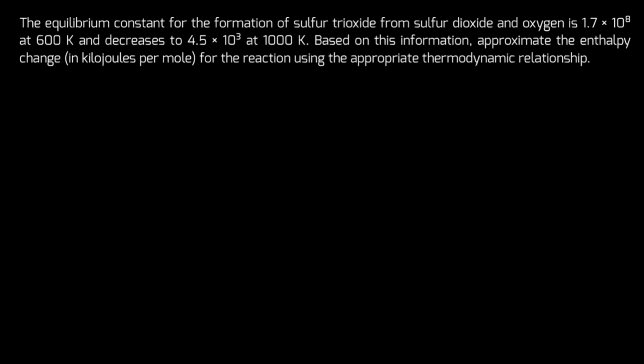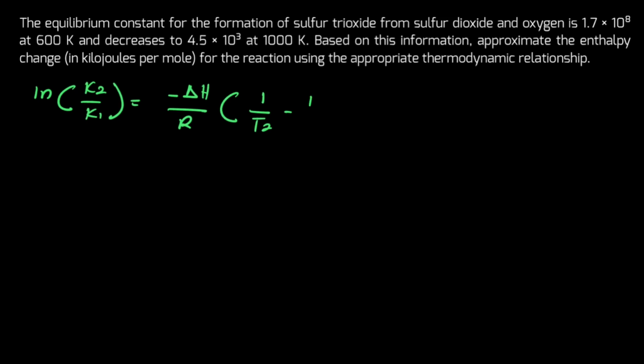For this question, the equation that you can use is ln K2 divided by K1 is equivalent to negative delta H divided by R times 1 over T2 minus 1 over T1. Right. So you don't have to worry about the K1 and K2.